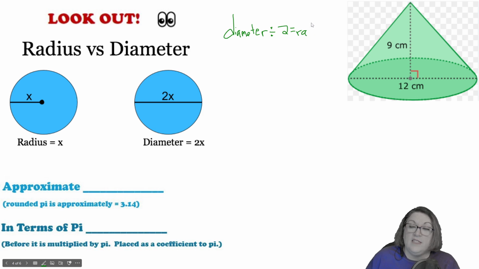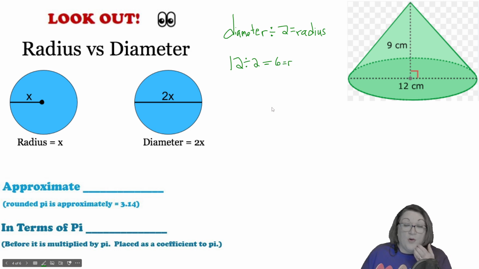So we're just basically splitting that diameter in half to get that radius number, okay? And in this case, it's 12. So 12 is the diameter. We're going to divide it by 2, and we will get 6. So 6 is our radius.